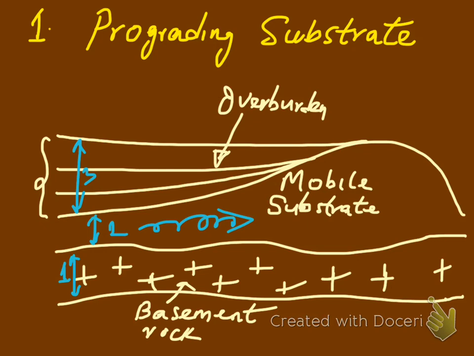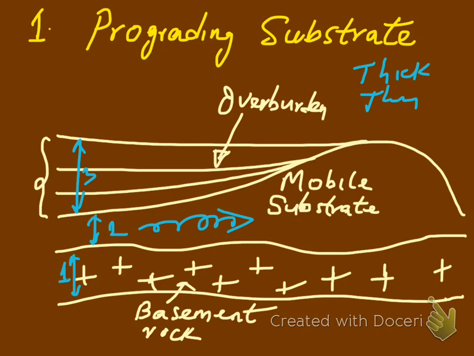So what we notice is a thick and thin relationship between the overburden and the mobile substrate. If you look at units 2 and 3, unit 2 is the mobile substrate. You notice that in areas where you have a very thin mass of unit 2, that's the mobile substrate, you have a thick overburden, that's unit 3, and vice versa.